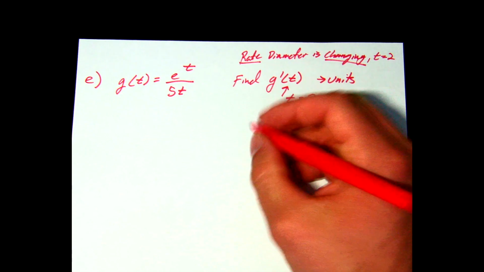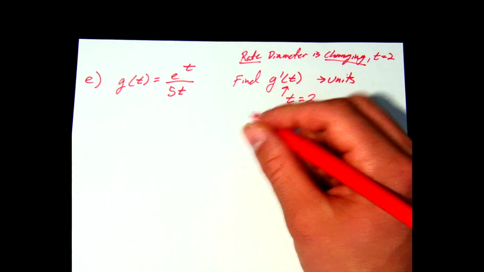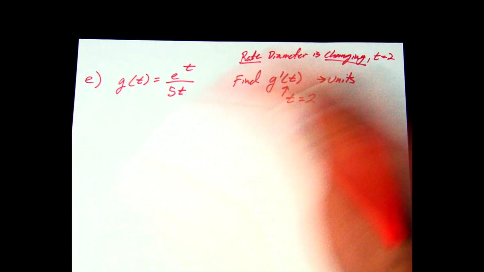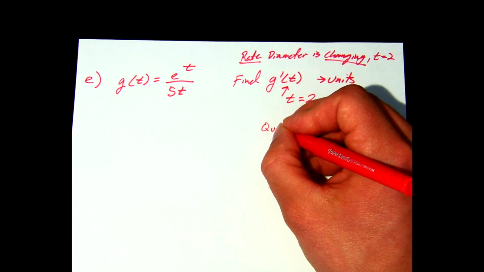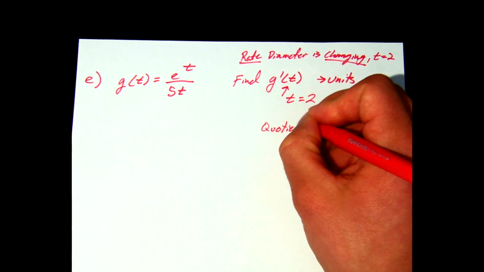G of t is quotient rule. That's something over something. I'll give you a quick quotient rule review. Q-U-O. Might not be how you spell quotient.